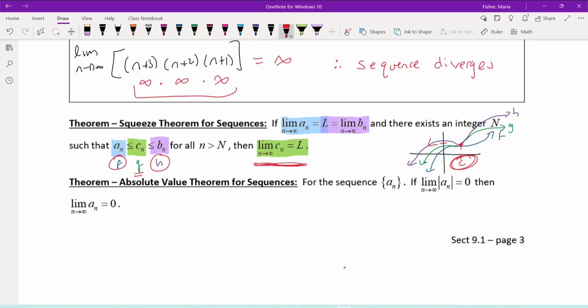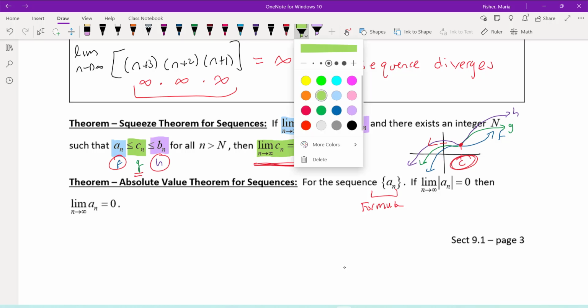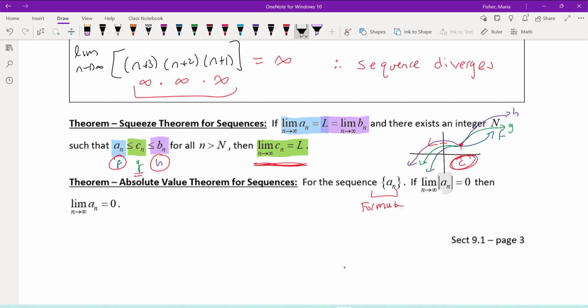One more theorem to look at, and that's the absolute value theorem for sequences. What that says is that if you have a sequence a sub n, and you take the limit as n goes to infinity of the absolute value of that formula, and that limit is equal to 0, then without the absolute value, you're equal to 0.